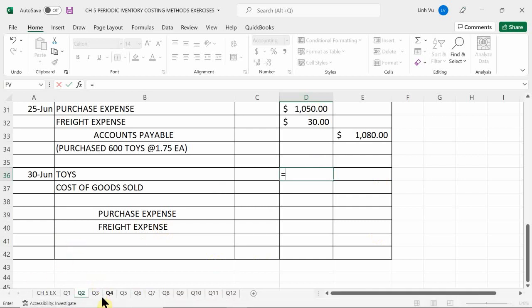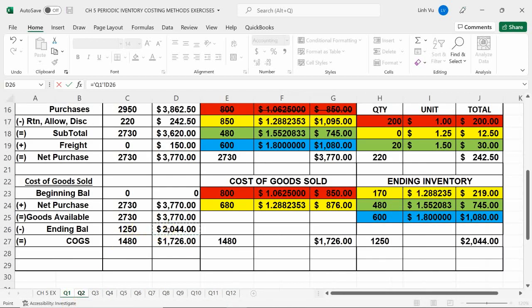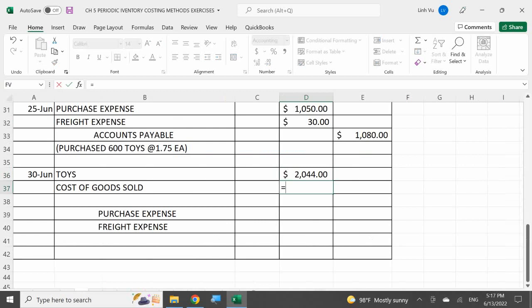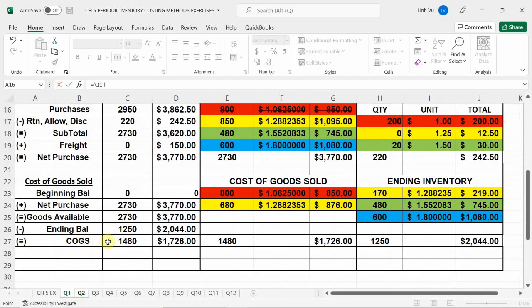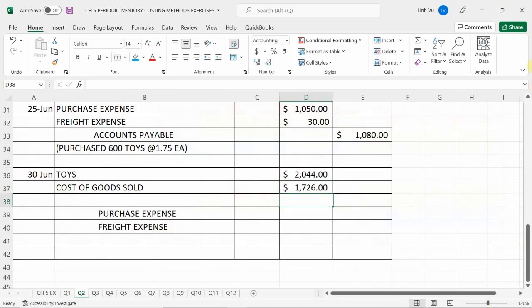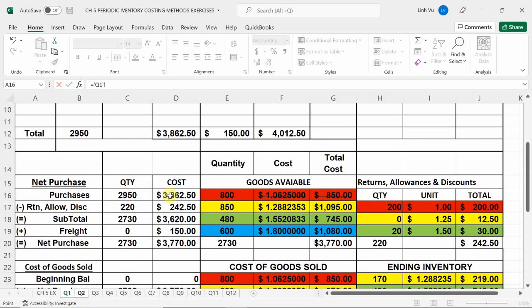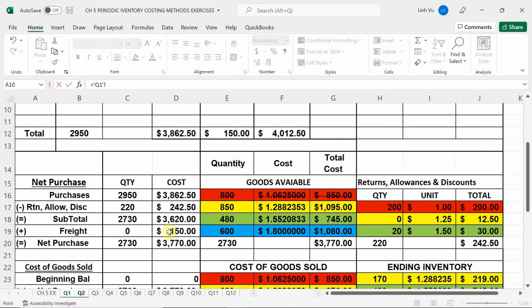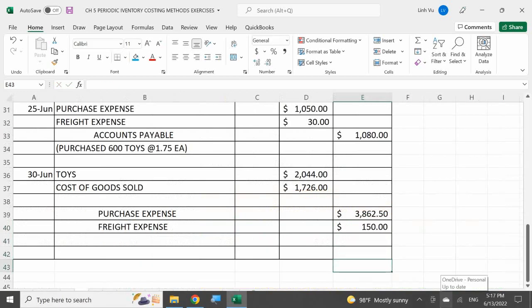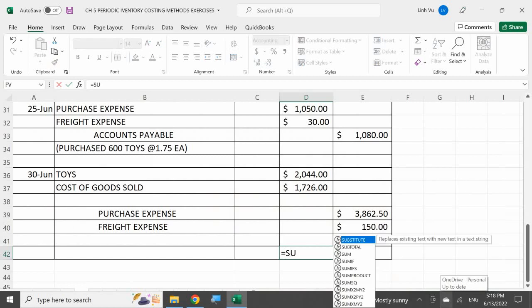My ending balance in my inventory was $2,044. My total cost of goods sold for selling 1,480 units got me a grand total of $1,726. My total purchases was $3,862.50. And of course, I need to include my separate cost of freight here for $150.